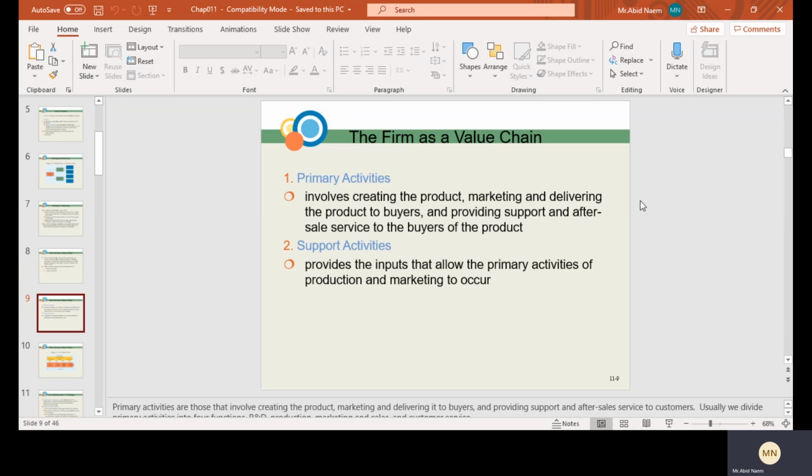For the sake of understanding, let's say you have a mobile phone handset right now, or the laptop on which you are listening to this lecture, which must be a product of some branded company. So the primary activity of that company was to produce, develop, and market that particular laptop and mobile. But there were certain supportive activities like human resource management, infrastructure development, the information technology department, or the customer care department. These were the secondary support activities which ensured the timely and cost-effective availability of the unit right now through which you are listening to this lecture.